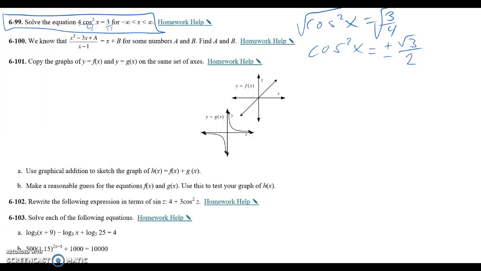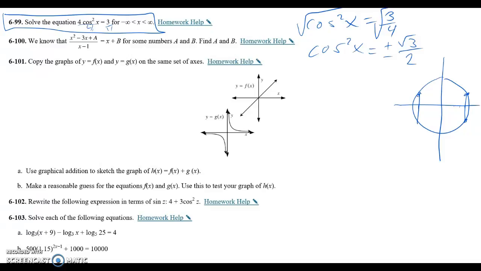So we're looking for both places where it's positive square root of 3/2 and negative square root of 3/2 on the unit circle. If we take a look at the unit circle, on the x-axis, here's our 1/2, here's our square root of 2/2, square root of 3/2 is right here, so we're intersecting here, and the negative as well in here.